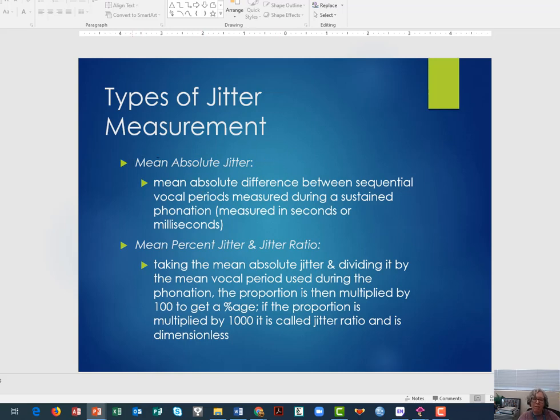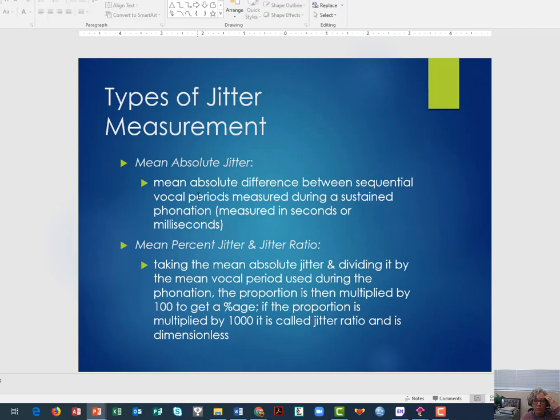We have absolute jitter, which is the difference between the first cycle and the second cycle, and the third cycle and the fourth cycle, those cycles that are right next to each other, contiguous cycles. We don't always look at cycle to cycle variability, so we can look at mean percent jitter and jitter ratio.